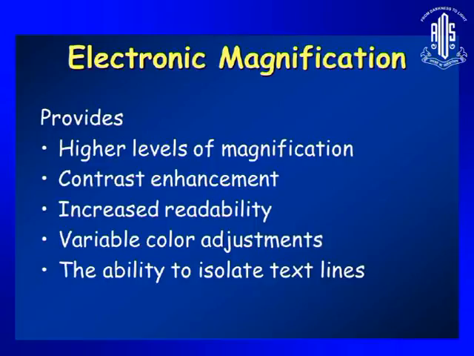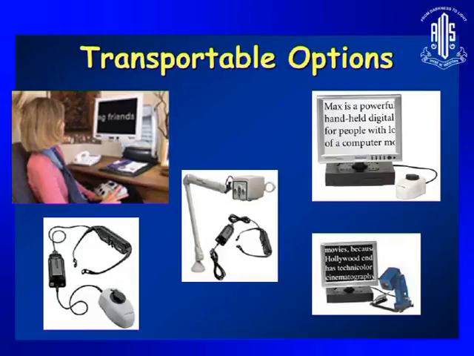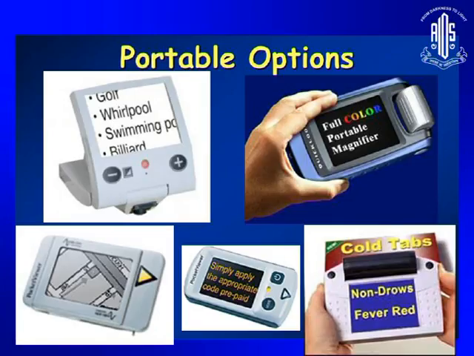So basically when we go for high-tech, it's electronic magnification. All high-tech has electronic magnification. You have desktop options available. Transportable options are available where you can move things, and children can move around with these devices. These video magnifiers, or pocket video magnifiers, are also available in the market.